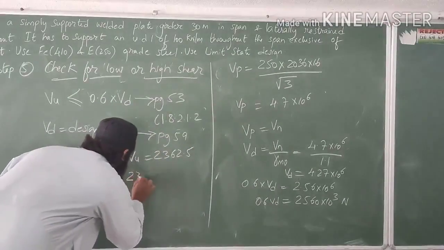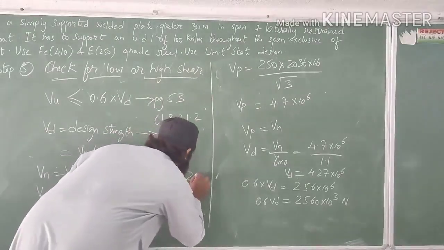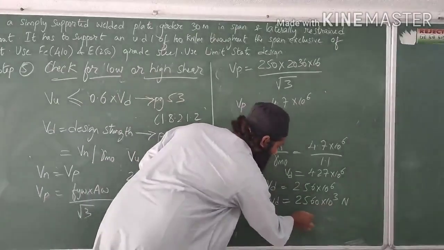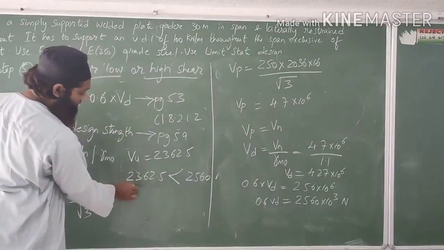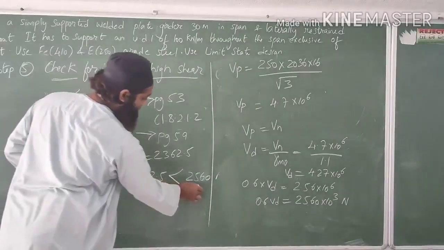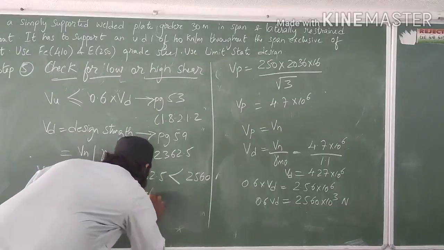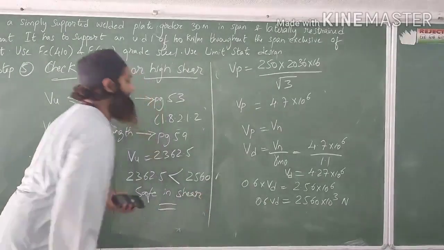So 2362.5 is less than 2560. If this is in Newton, you convert it into kilonewton, it will be 2560, and Vu is also in kilonewton, and this is 0.6 times the Vd. So this is safe in shear.